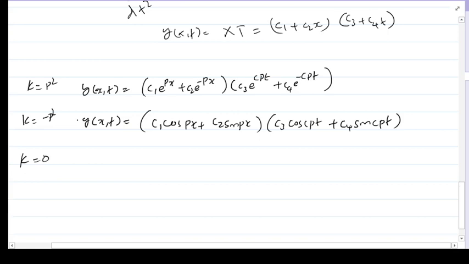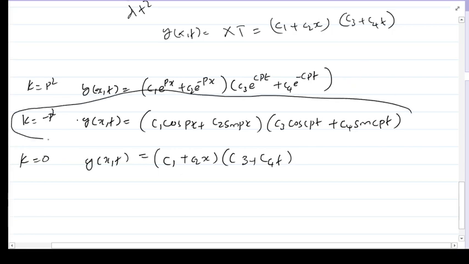And for k = 0 we have y(x,t) = (c1 + c2x)(c3 + c4t).